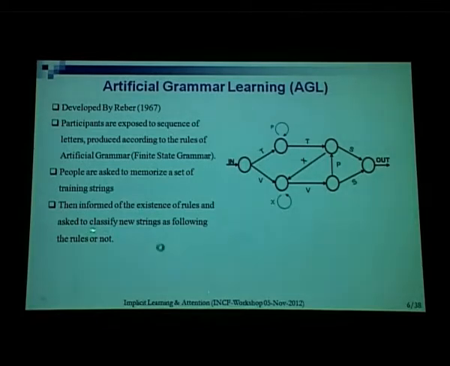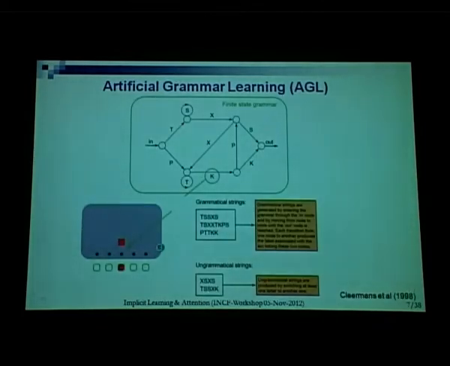Now given new strings, can you classify them into what they think follows what they have seen or does not follow? Basically a judgment of grammaticality and ungrammaticality. These are examples of strings that follow the grammar, and those that are generated by switching at least one or several letters from the valid strings.